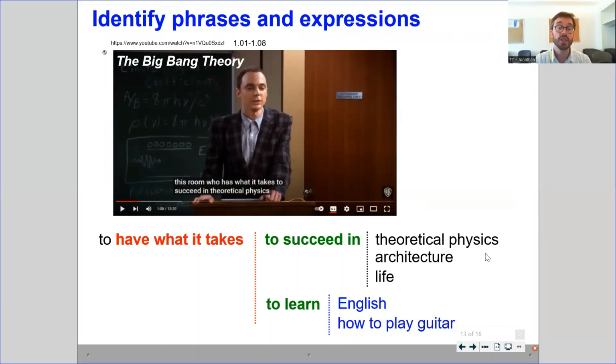Okay, or I can change the verb to have what it takes to learn, to have what it takes to learn English, to have what it takes to learn how to play guitar. Yeah, noticing these patterns, making examples, personalizing them for you and recording them in a notebook, really, really good ways of absorbing, developing and learning new expressions. Okay.